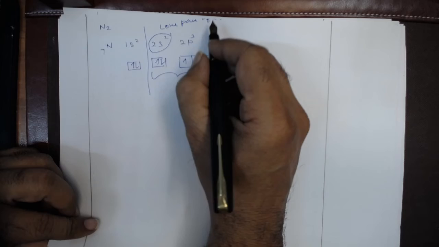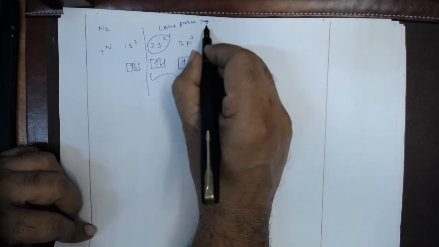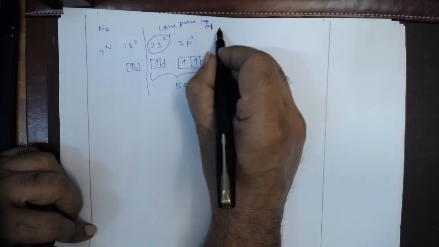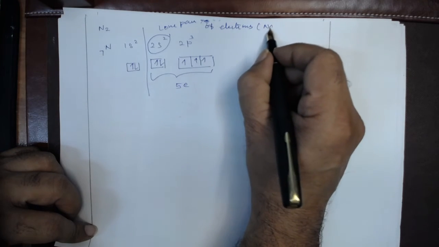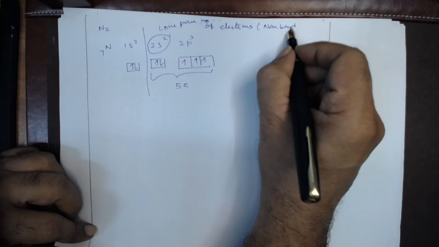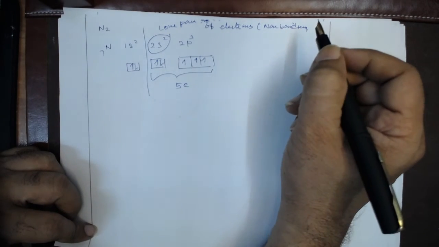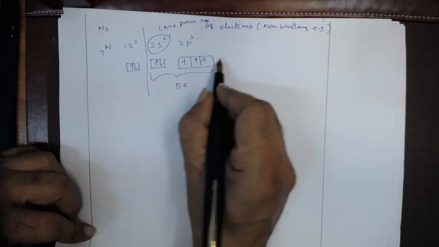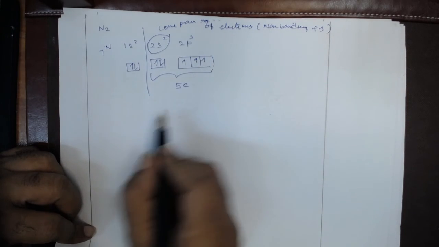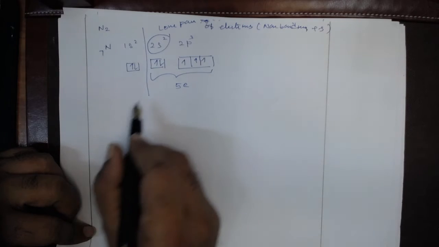Okay. Whereas bonding electrons, that is valency electrons, this one, the 3.